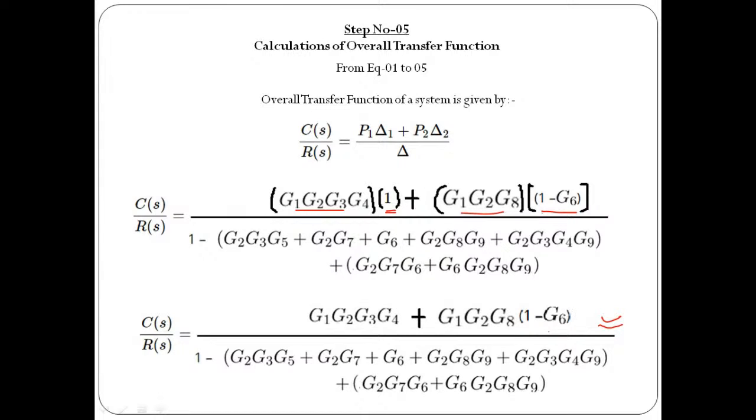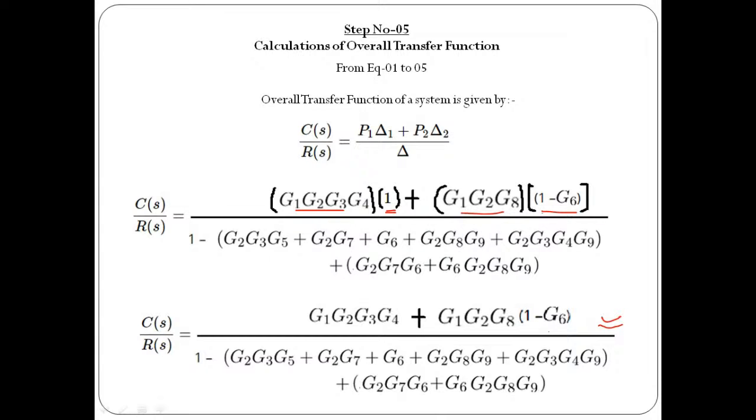So this is the process to apply Mason's gain formula to find the transfer function for a system if its signal flow graph is known to us. I want everyone to please write this down. This will be the final answer. C of S by R of S is going to be like this.